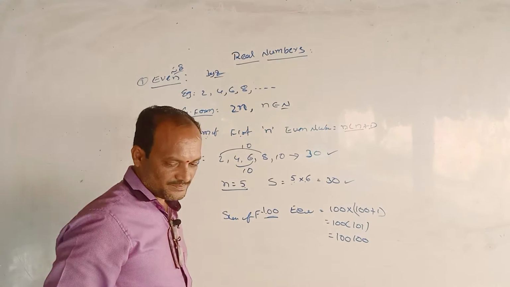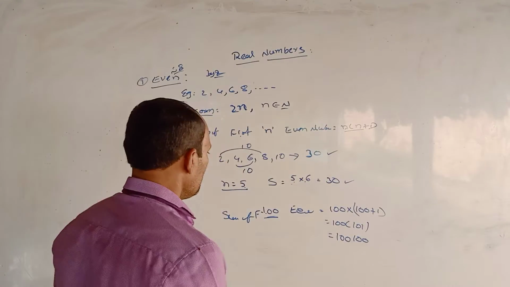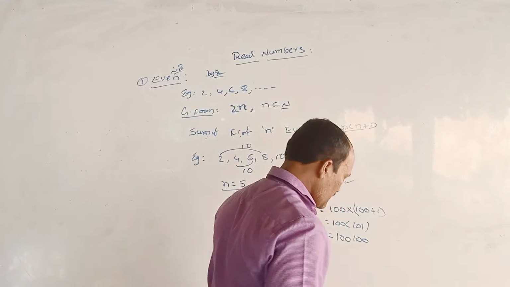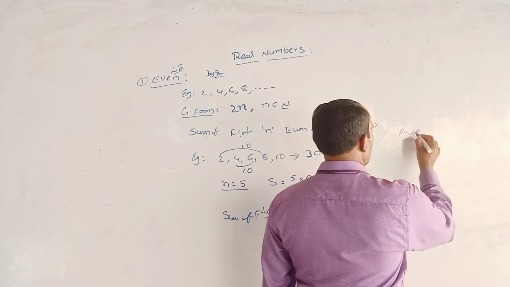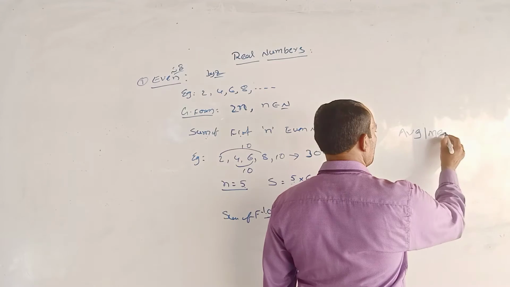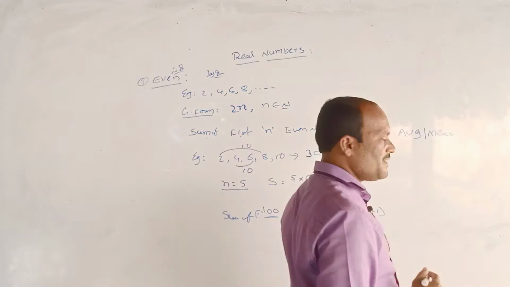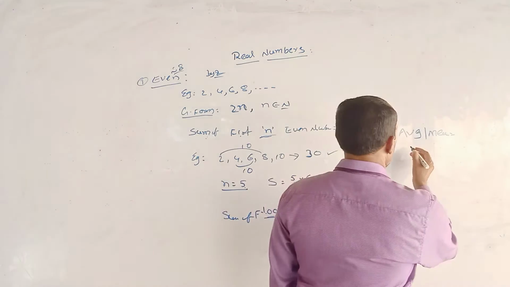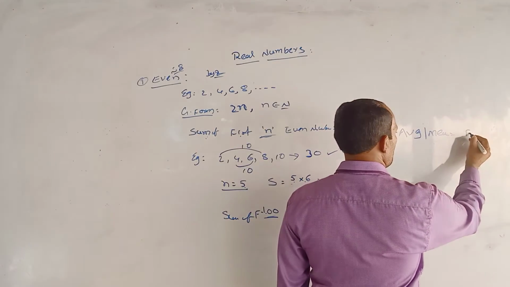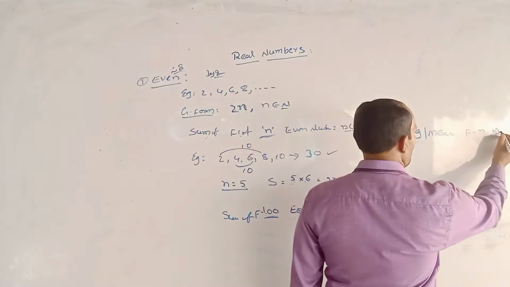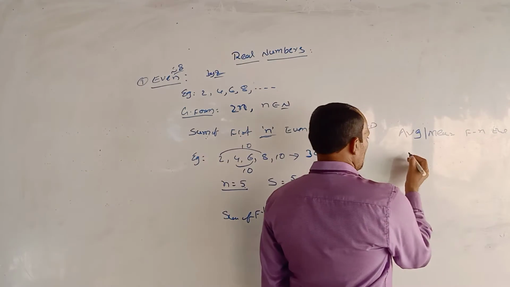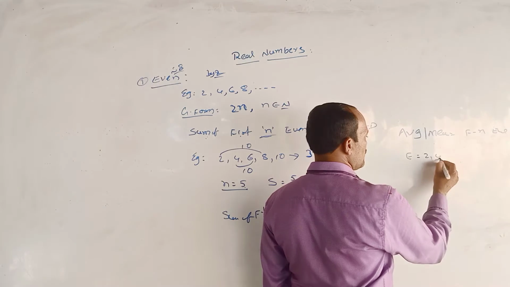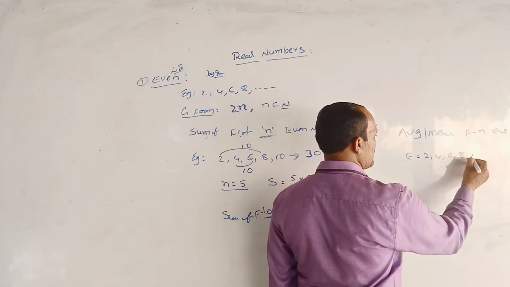Next, the average or mean of even numbers. The average of the first n even numbers. We take 5 even numbers: 2, 4, 6, 8, 10.